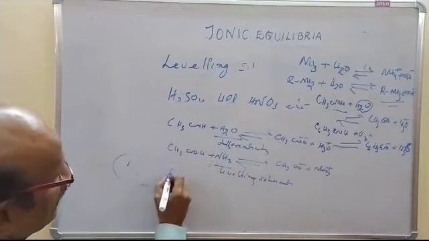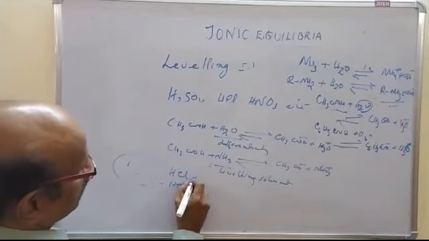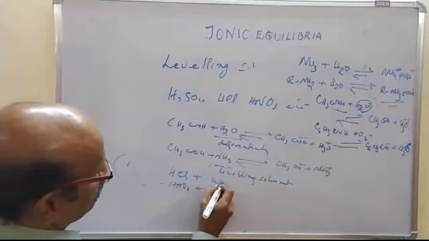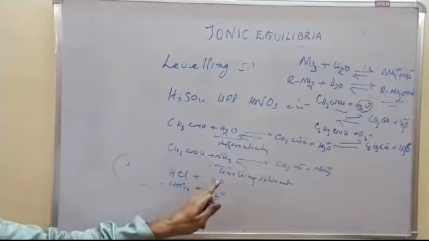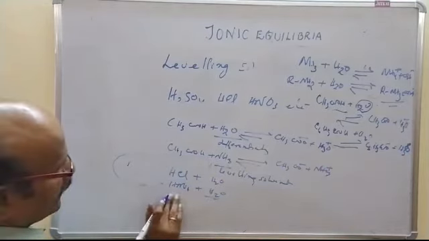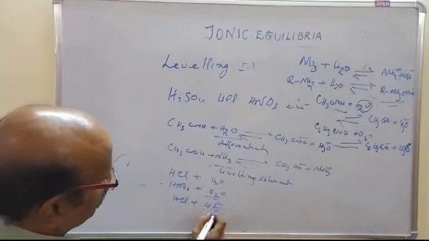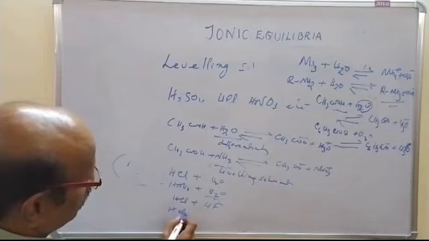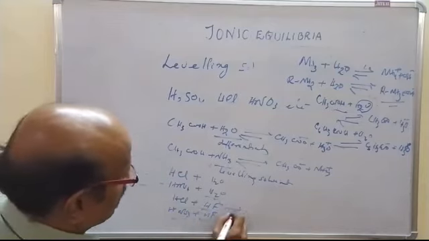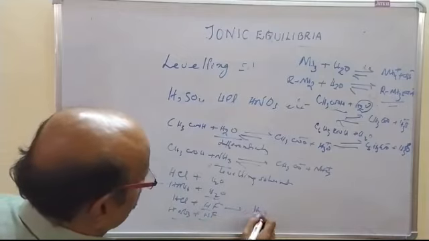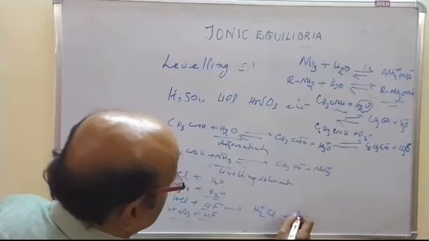Similarly for HCl, HNO3, etc., I have explained with water, which acts as a leveling solvent for them. But when they react with HF, it reacts like this: H2Cl plus and F minus.